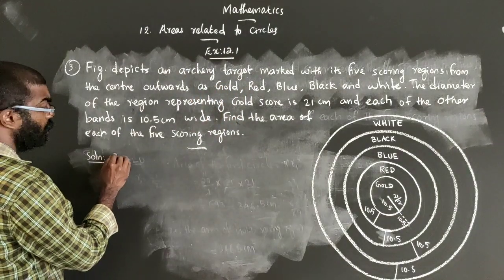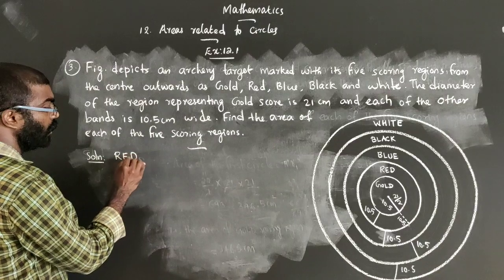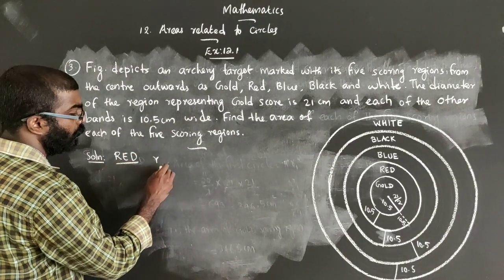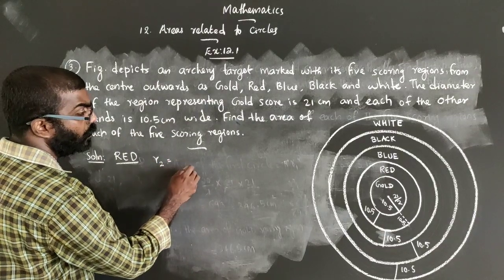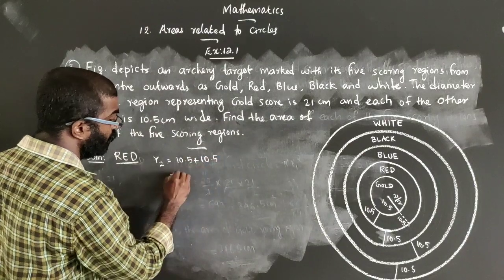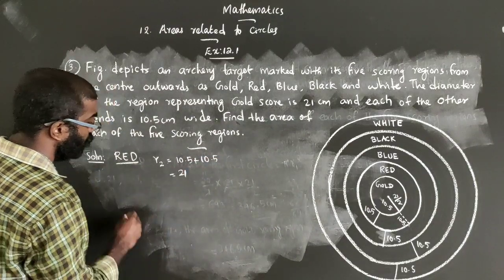Okay. So here we can write, for the red scoring region, the radius of the second circle R2 is equal to 10.5 plus 10.5, which is equal to 21.